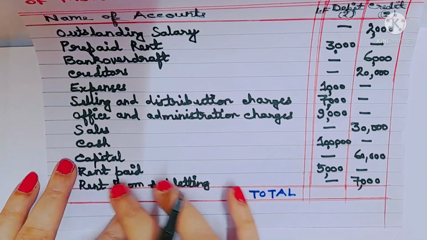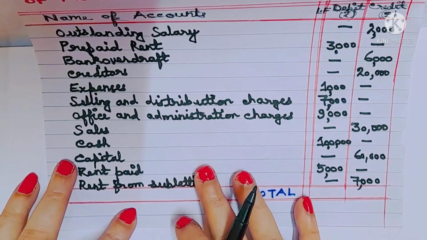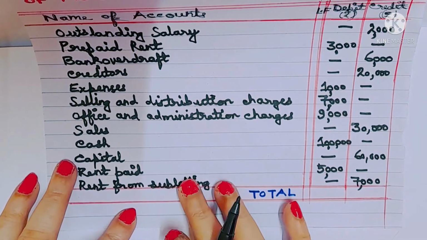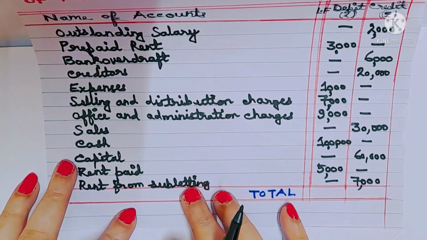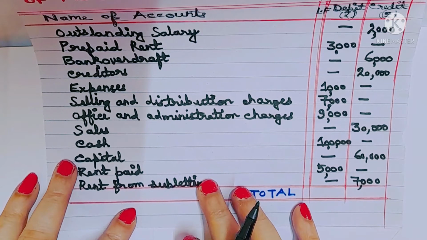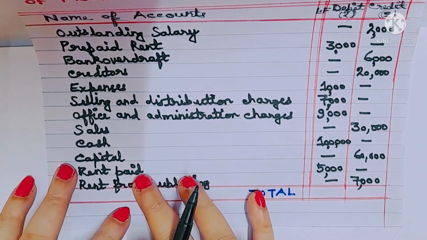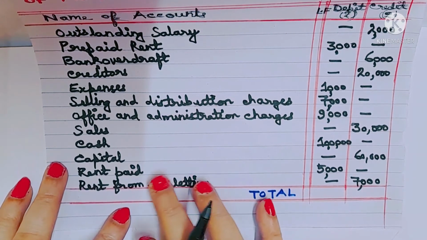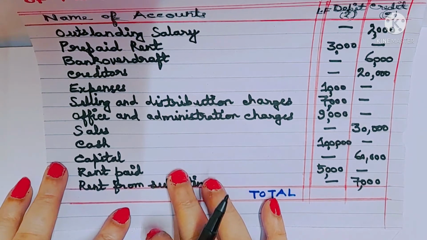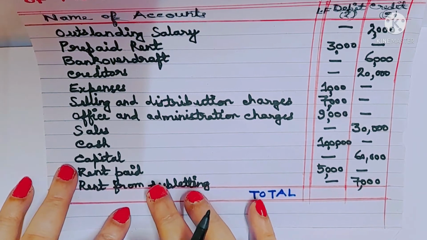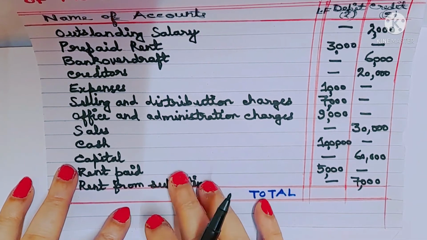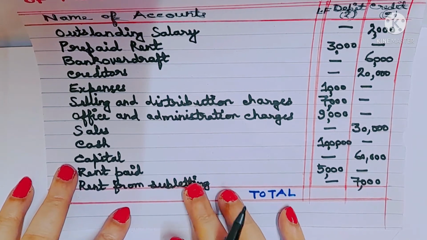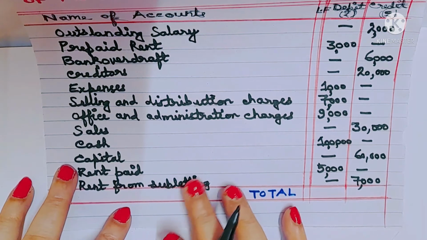মানে কি তুমি যখন বাড়ি ভাড়া দিচ্ছ, তোমার নিজের বাড়ি কোনো বিজনেসের জন্য তুমি ভাড়া দিচ্ছ, তখন কি হচ্ছে? তুমি রেন্ট পাচ্ছ। So you are receiving rent. So when you receive rent, this is an income. So according to nominal account, all incomes and gains credit. আর রেন্ট পেড মানে তুমি যখন বাড়ি পেমেন্ট করছো ভাড়া থাকার জন্য, that is an expense for the business. তো সেটার জন্য ডেবিট হয়। According to nominal account, all losses and expenses debit. আর যখন তুমি কাউকে বাড়ি ভাড়া দিয়েছো, সেখান থেকে তুমি ইনকাম পাচ্ছ, মানি পাচ্ছ, you getting an income, you getting money. সো তখন মানিটা ইনকাম হচ্ছে, that is an income. So according to nominal account, all incomes and gains credit.